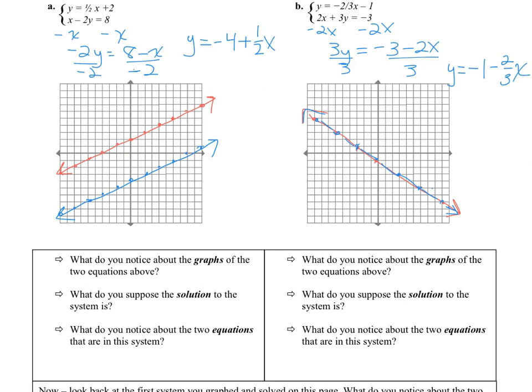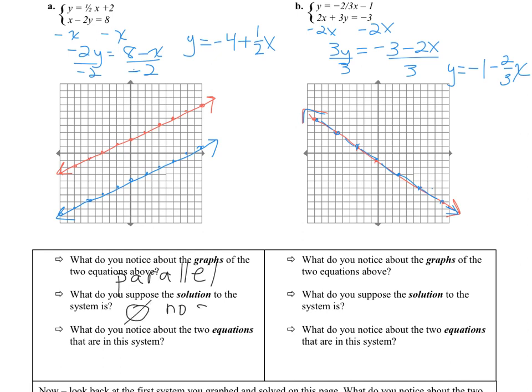All right, so this section, if you graphed your lines correctly, you might have some questions. So for letter A, what you should have noticed about the graphs above is that they are actually parallel. They're parallel lines, so they don't have a solution because they never intersect. So you could say no solution with words, or you could put a circle with a line through it.